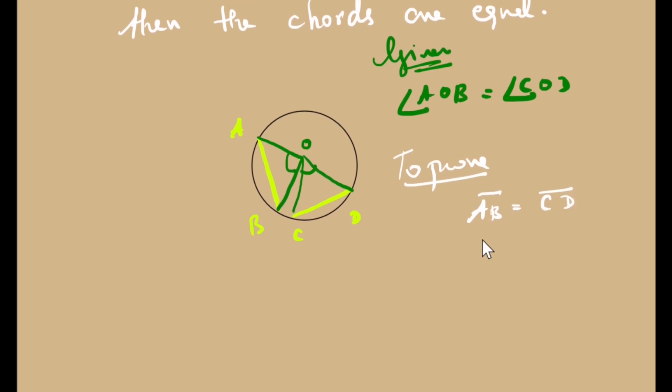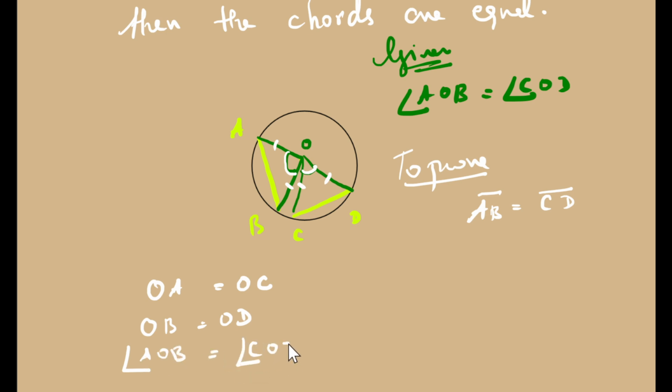So how do we go about it? In the same way, we have two sides equal to one another, being the radii of the circle, and the angle included in between the sides are also equal. So we have OA is equal to OC, OB is equal to OD, and we also have, which is given to us, these two angles are equal.